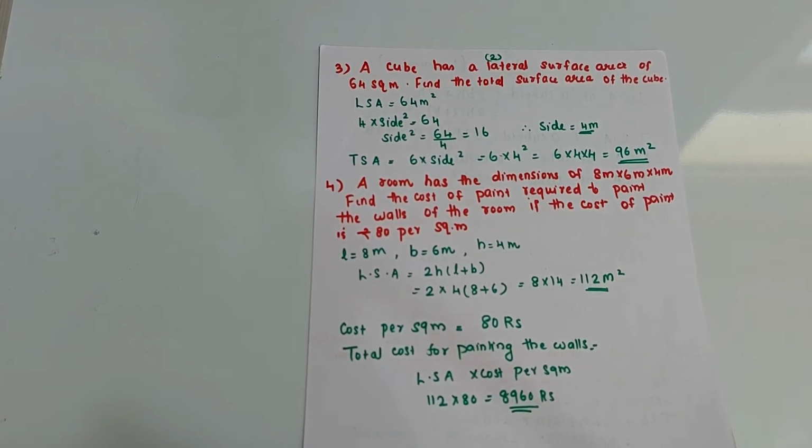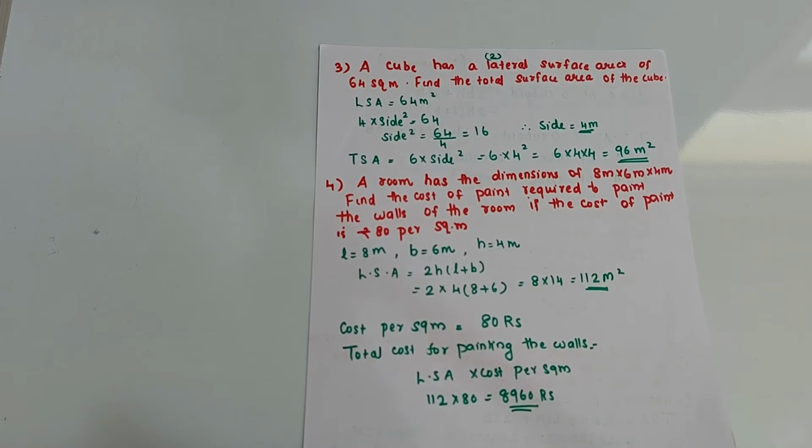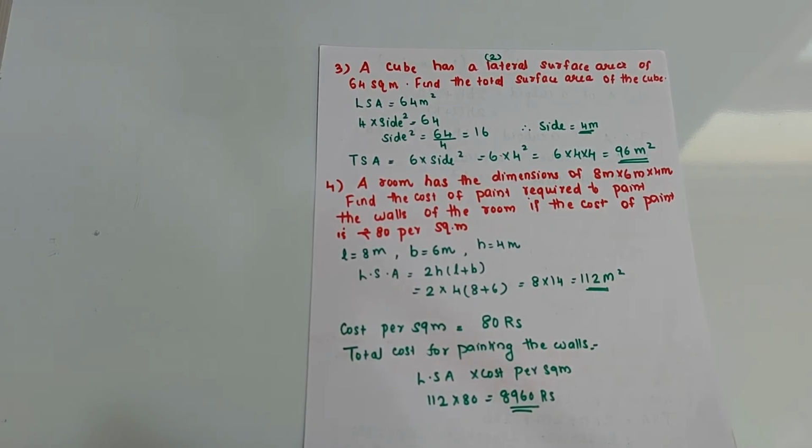Lateral surface area equal to 64 meter square. That means 4 into side square equal to 64. Side square equal to 64 by 4, it's equal to 16. That means 16 equal to 4 into 4. Therefore side equal to 4 meter. Now what is the formula for TSA? TSA is equal to 6 into side square. So 6 into 4 square, 6 into 16, it's equal to 96 meter square.